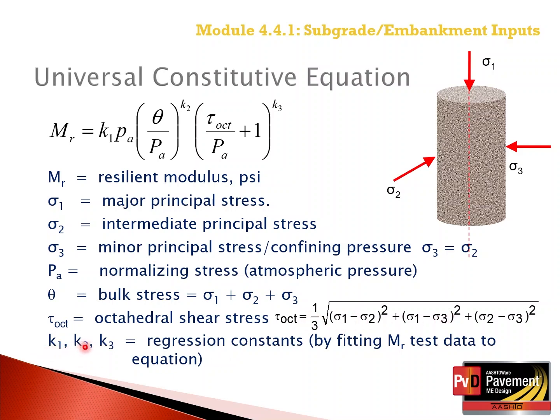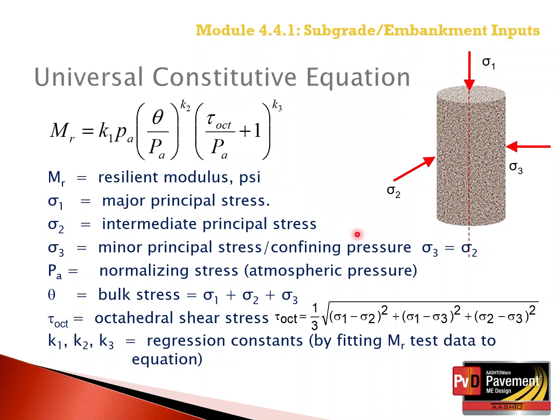The octahedral shear stress, tau oct, is determined by this equation. And then K1, K2, K3 in the universal constitutive equation: K1 is the intercept, K2 is the exponent for the bulk stress, K3 is the exponent for the octahedral shear stress. Those are the regression coefficients obtained by fitting the resilient modulus test data to the constitutive equation itself.